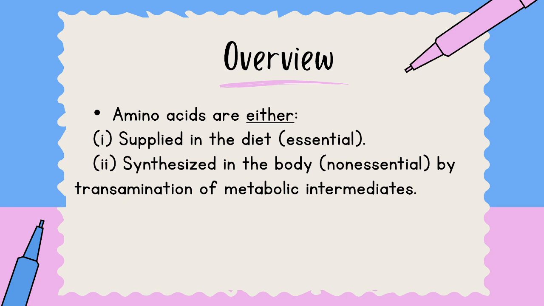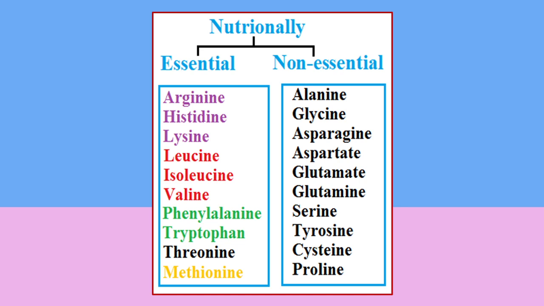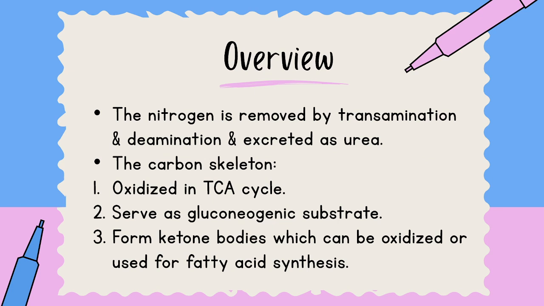Amino acids are either, of course, supplied in the diet as essential amino acids or synthesized in the body, and this includes the non-essential amino acids, of course, by transamination of metabolic intermediates. And you know this list from your basic course in amino acid chemistry.